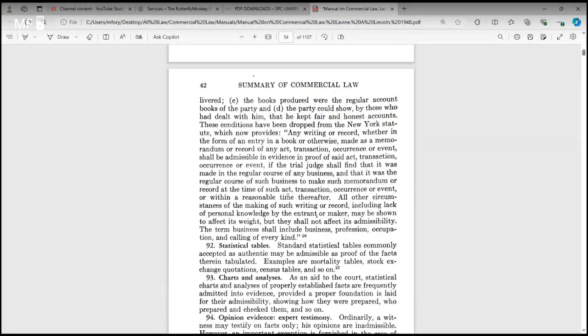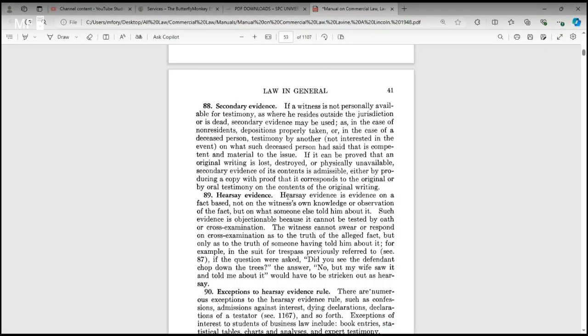Secondary evidence. If a witness is not personally available for testimony, as where he resides outside the jurisdiction or is dead, secondary evidence may be used, as in the case of non-residents, depositions properly taken, or in the case of a deceased person, testimony by another not interested in the event.